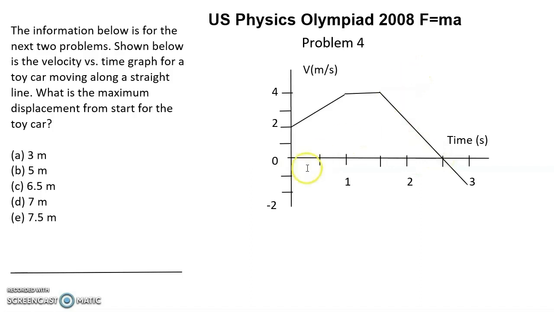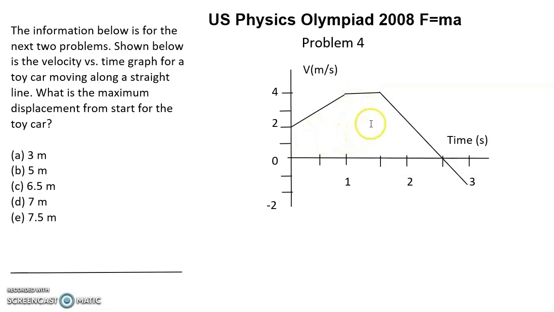Let's count it. From 0 to 1, the velocity goes from 2 to 4. Average of this is 3. So it's a total of 3 here. From 1 to 1.5, we have 0.5 multiplied by 4, which is 2. So here we have 3 and here we have 2.